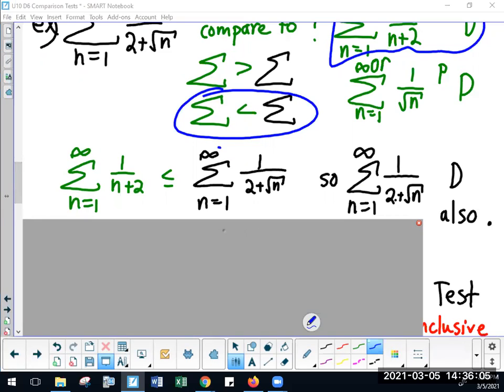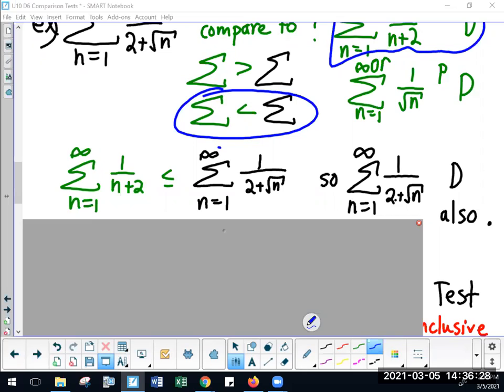So that's the gist of the direct comparison test. I have a series. I come up with a new series. The new series, I should be able to determine using the integral test or the nth term test or the P series or the geometric series test if it converges or diverges.